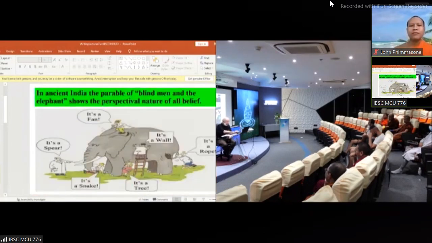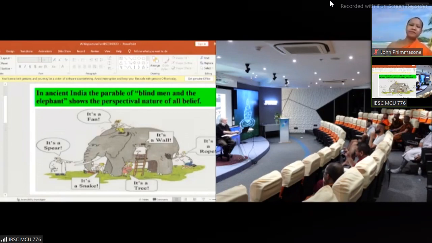Here's another interesting slide. In ancient India, the parable of the blind men and the elephant shows the perspectival nature of all belief. So you have these blind people and they're around trying to define the elephant. So they look for the properties they can verify. And one says, oh, it's a tree.